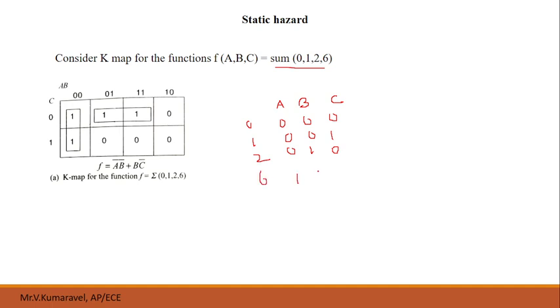For 6, 1, 1, 0. We plot these in the map. Now if we group these two and group these two, we can write the function f as a b whole bar plus b c bar.